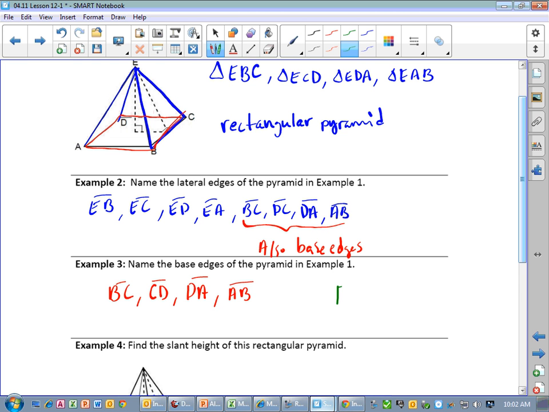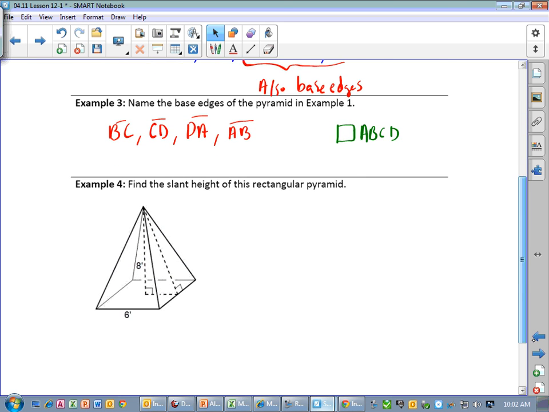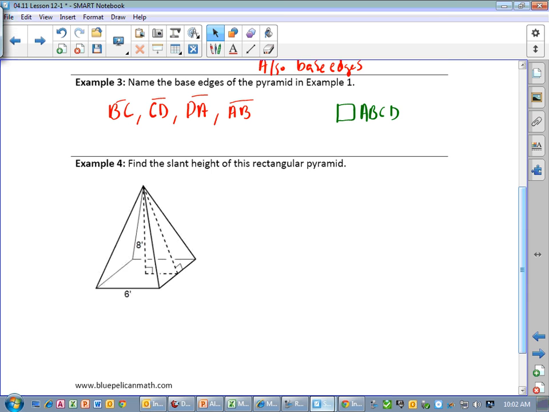We can call it a rectangle, so draw a rectangle A, B, C, D. This is a rectangular pyramid.